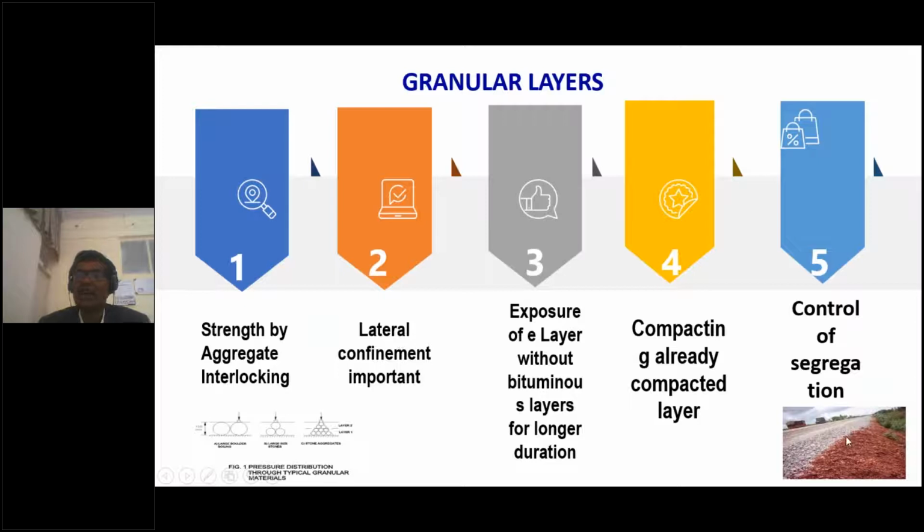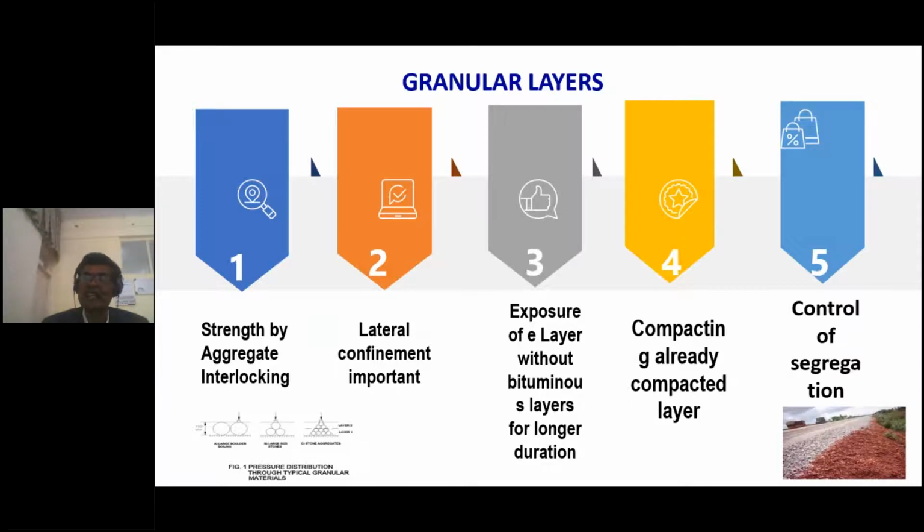This should be there. Many times it so happens that we construct the binder layer, the DBM layer. Of course, it's a dense mix, a very strong, stable layer. Many times, for practical reasons, we delay the surface course, the BC layer. Till then, the traffic moves on, including the construction traffic.